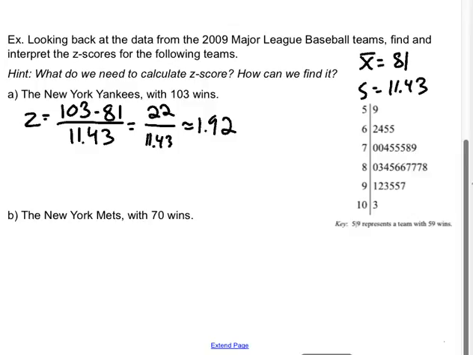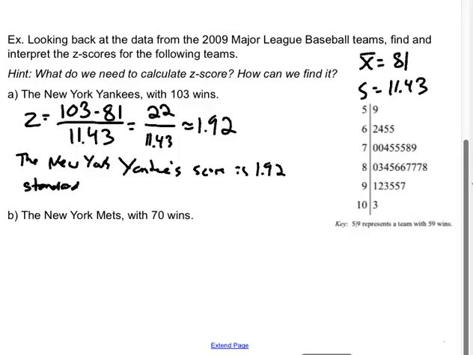So the New York Yankees' score is 1.92 standard deviations above the mean. That's what interpreting a z-score looks like.